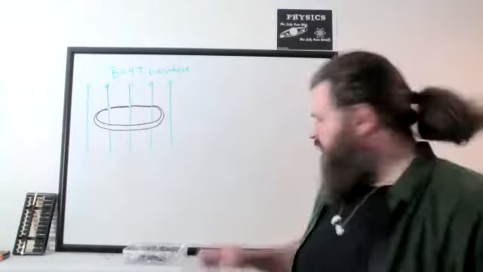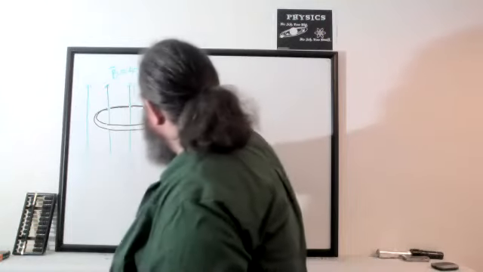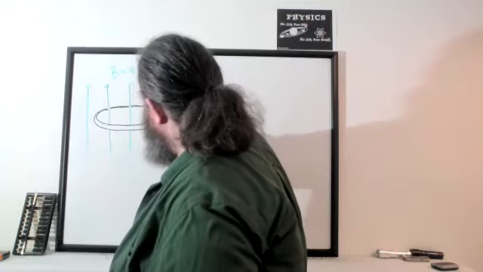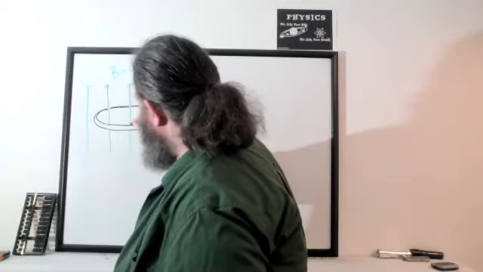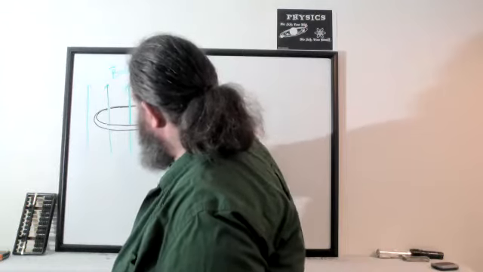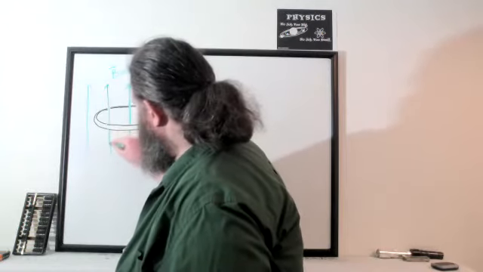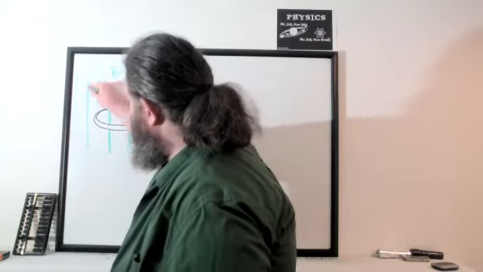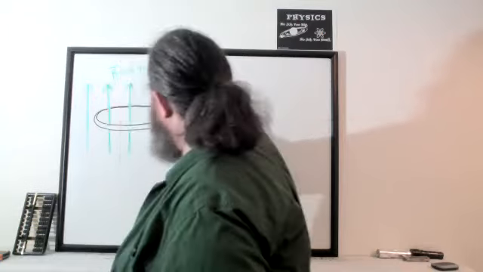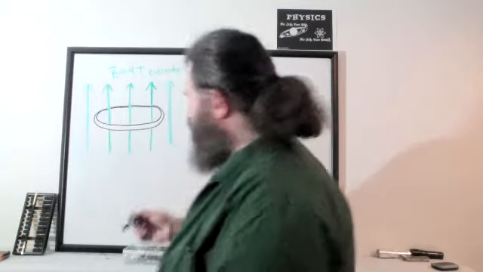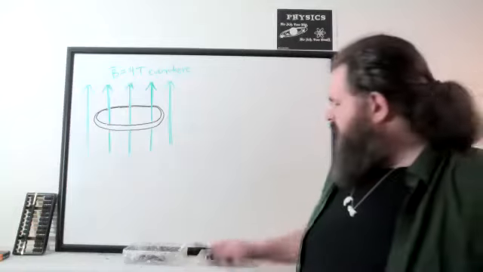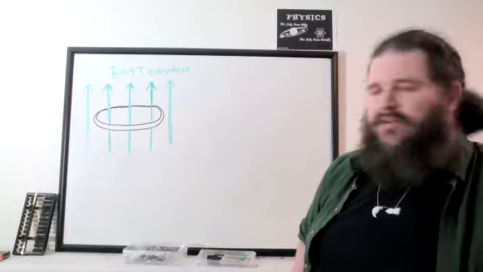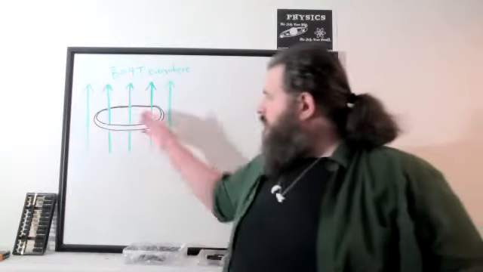So let's say our arrangement looks something like this. And let's assume that this has a light bulb or something in it. I won't actually draw the light bulb in, but let's assume there is one. And we have this loop of wire.